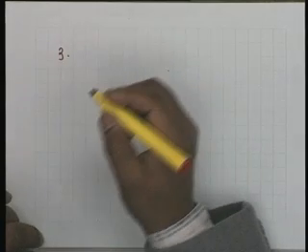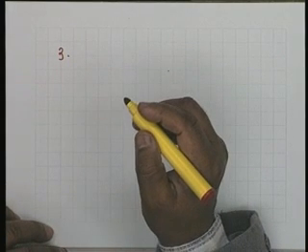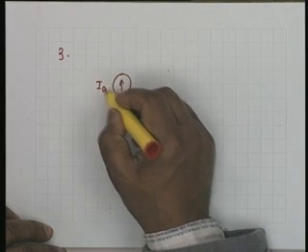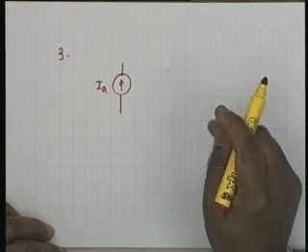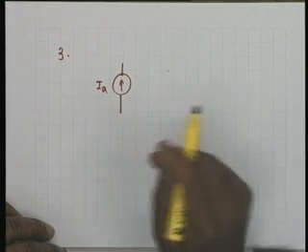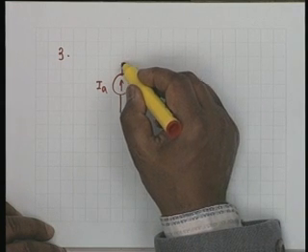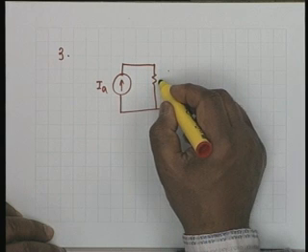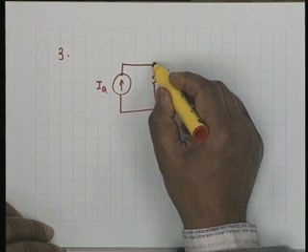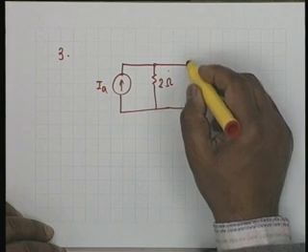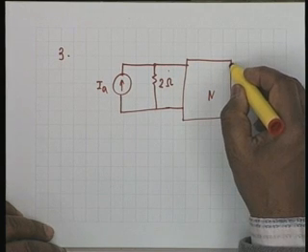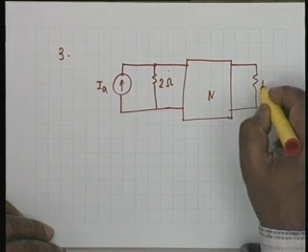Question 3. Question 3 has to be done very carefully. Well, each question is to be done carefully, but there is a pothole here which one has to guard against. Question 3 is, we have a network in which 2 ohms comes in parallel with a current Ia, and then we have a network N, a 2-port N, and a 1 ohm resistance.